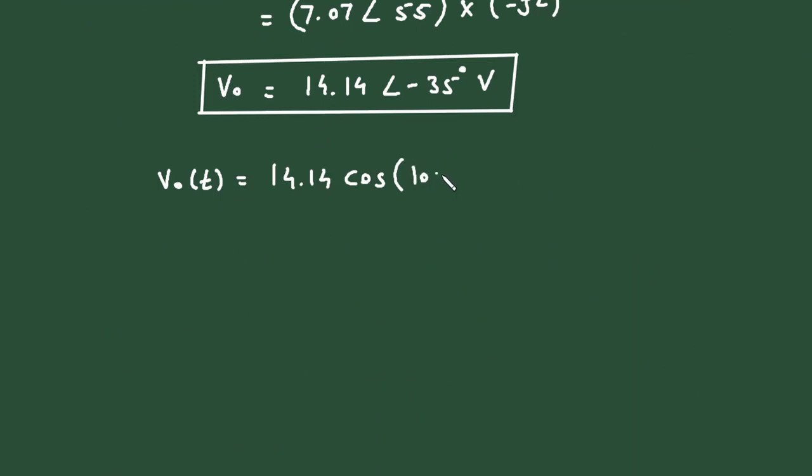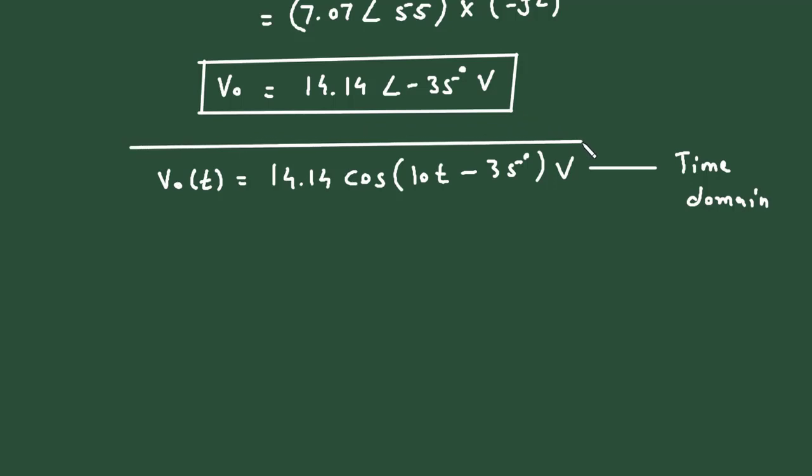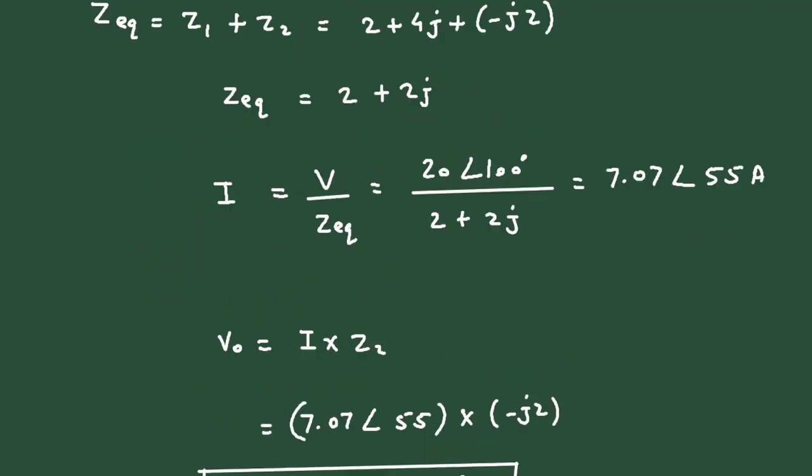So it is 10t minus 35 degrees. And since it is a voltage, its unit will be volts. And it is in time domain. So this is the final answer for this question.